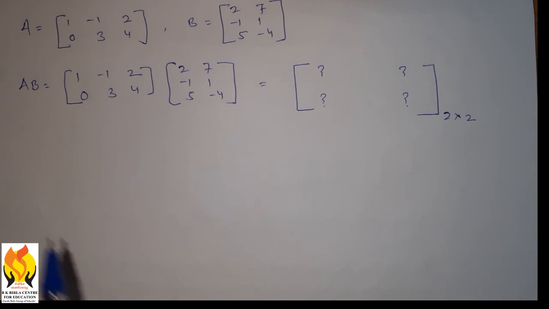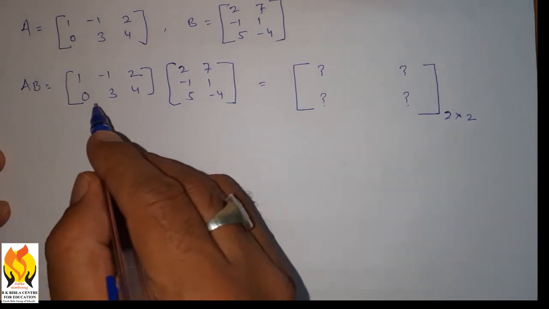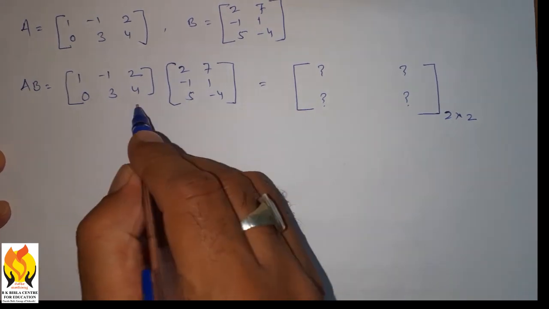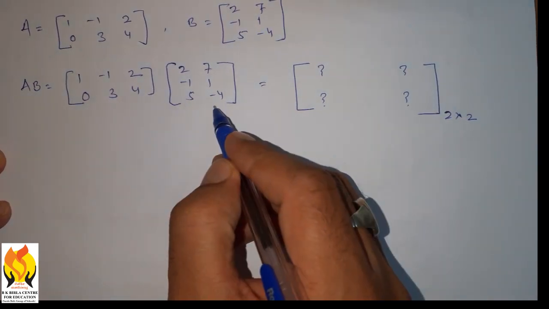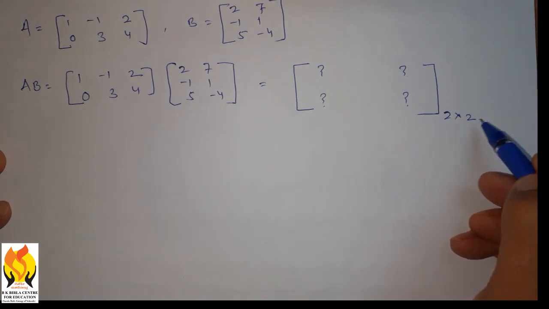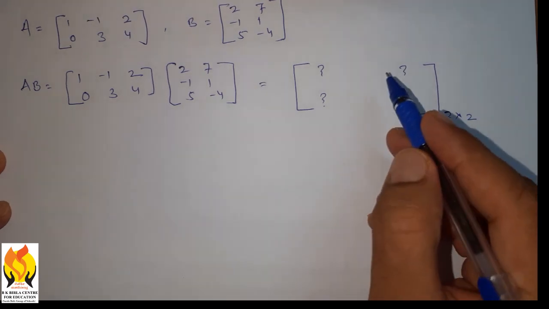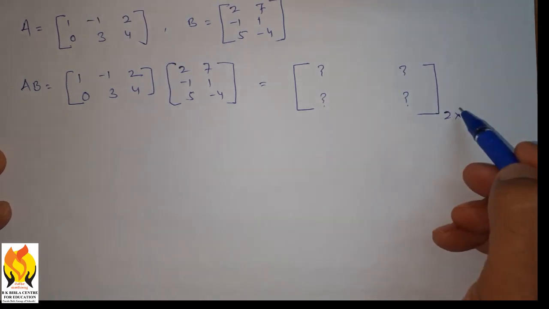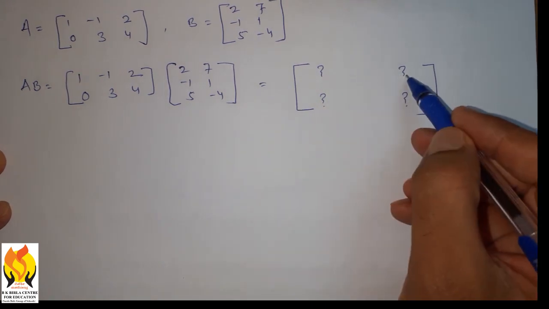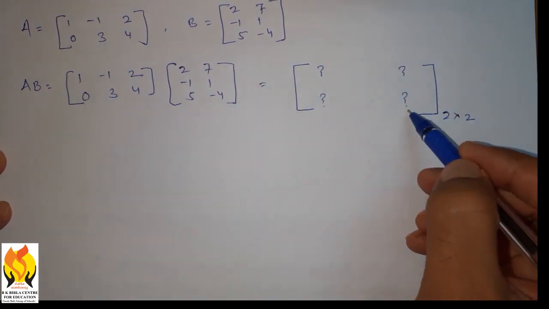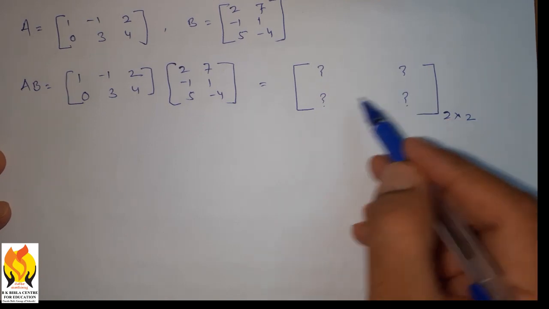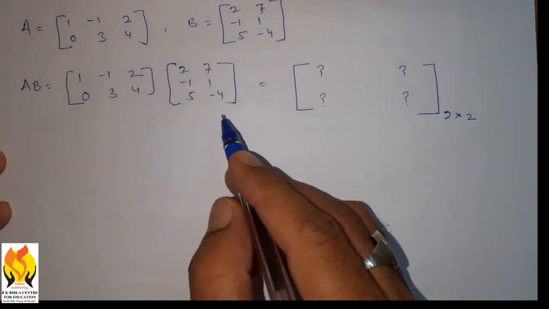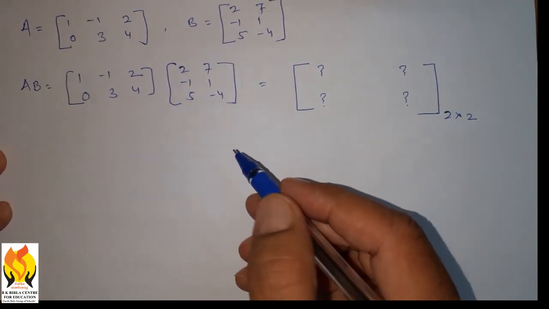When you multiply matrix A with B, we symbolize it this way, A into B. The resultant matrix is of order 2 by 2, as I discussed earlier. So a 2 by 2 matrix means we have A11, A12, A21, A22. What elements will come here and what process we follow to get these elements, we'll look into.